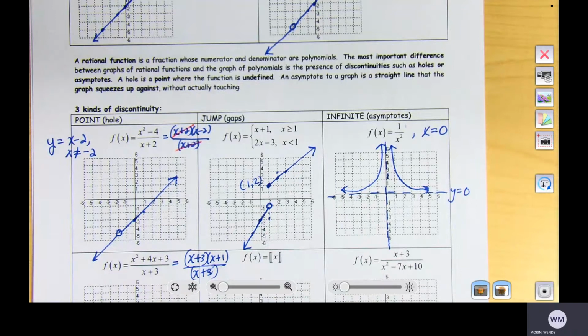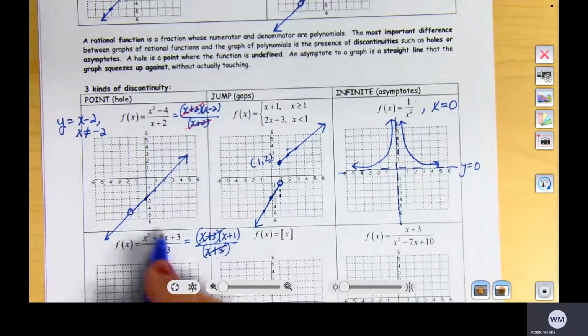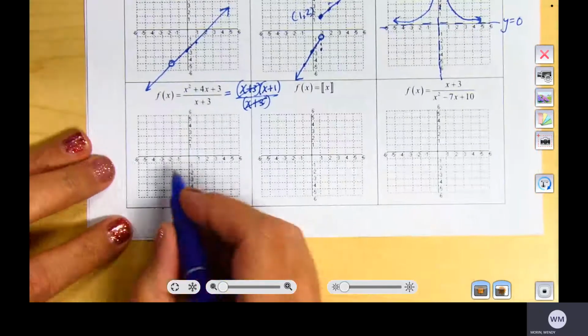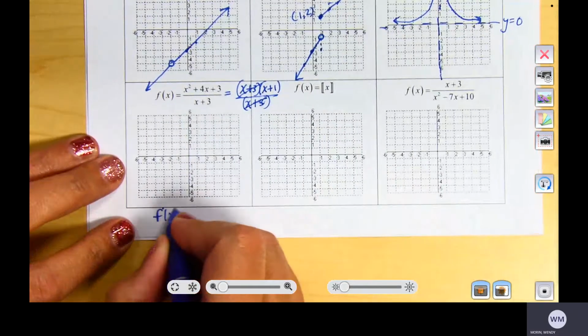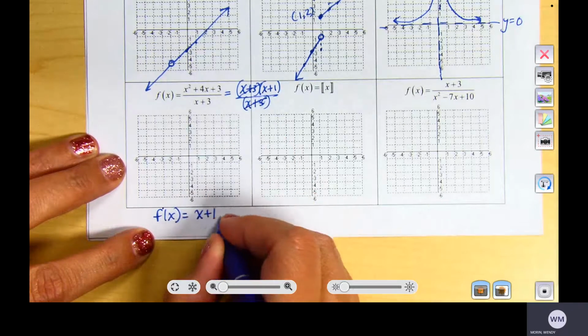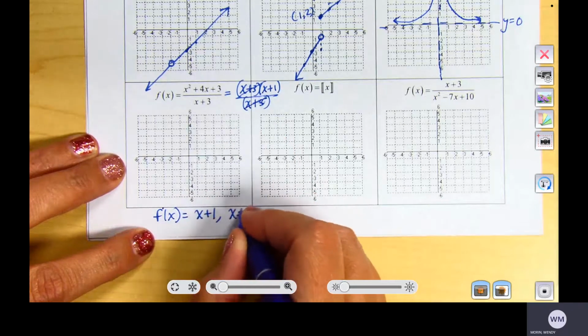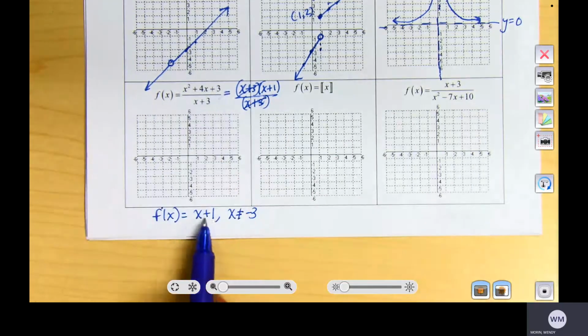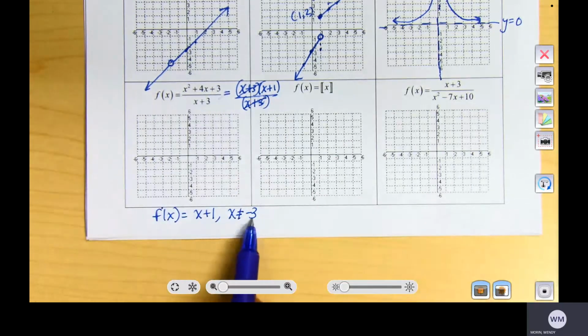So the reduced equation, so basically what this is equal to, I'm going to write it down here so I'm running out of room. Basically what I have is x plus 1, but x cannot equal negative 3. That's what this is. The graph of x plus 1, but x cannot equal negative 3.